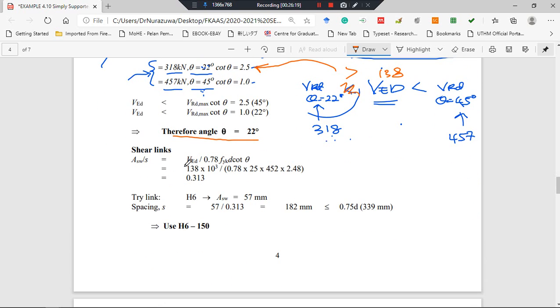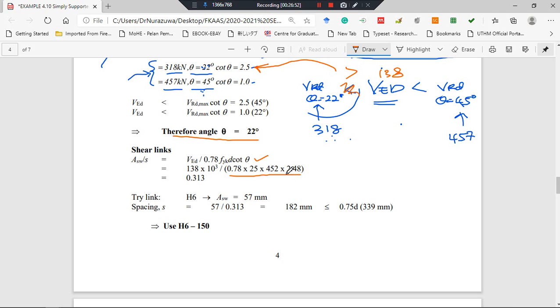For shear links, this is the equation for the shear link. Later you can refer to the rectangular beam. It's the same procedure, same formula. So the VED 138, divided by 0.78 FYK 25, D is 452, multiplied with the cot 2.48. Later you use trigonometry with the calculator.